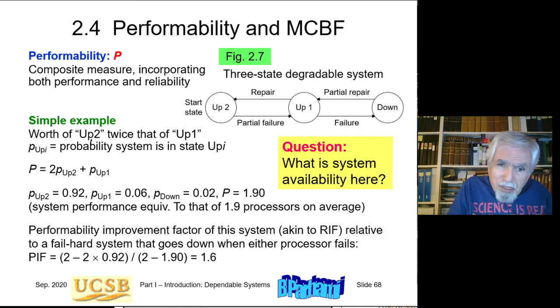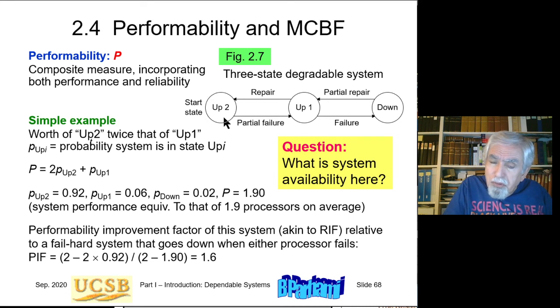So here's a numerical example. Let's say the probability of being in the up 2 state is 0.92, probability of up 1 state is 0.06, and probability of being in the down state is 0.02. The performability of the system will be 1.90: 2 times 0.92 plus 1 times 0.06, 1.90, meaning on average the performance of this system is 1.90.